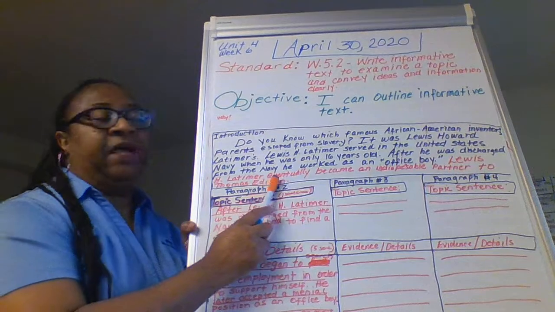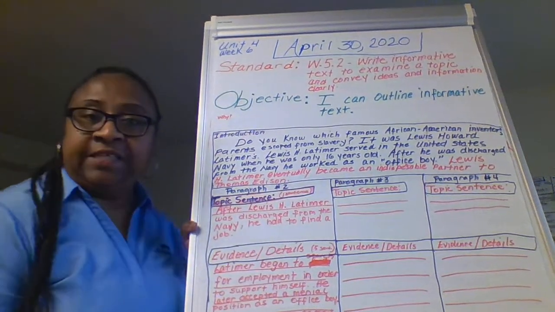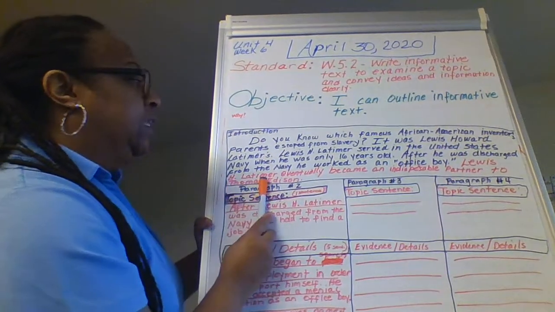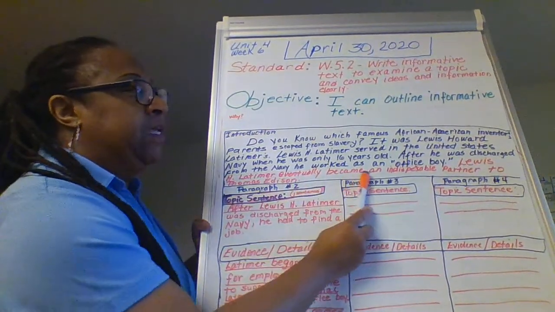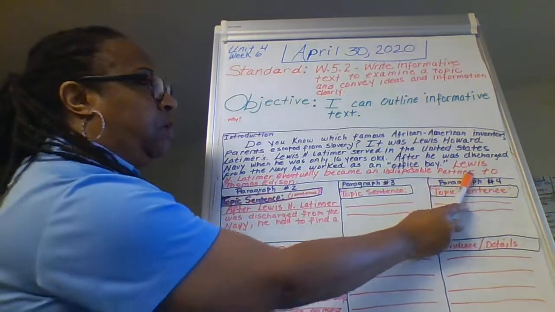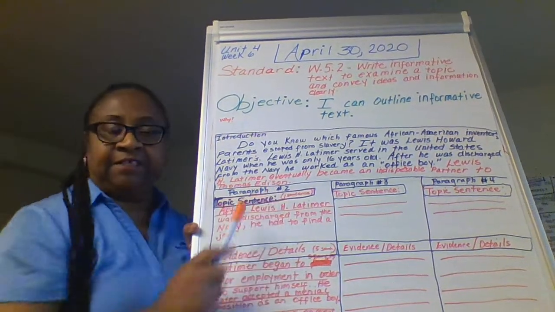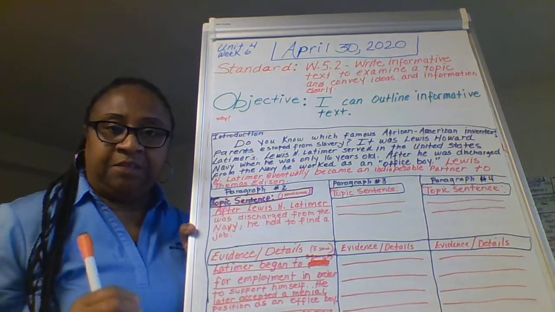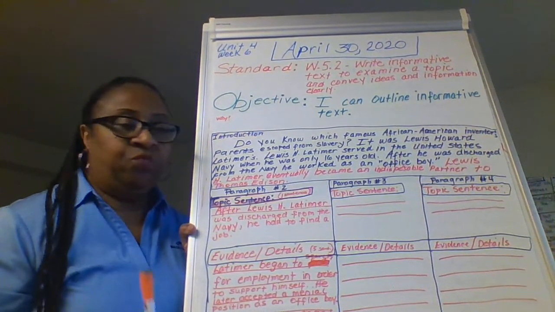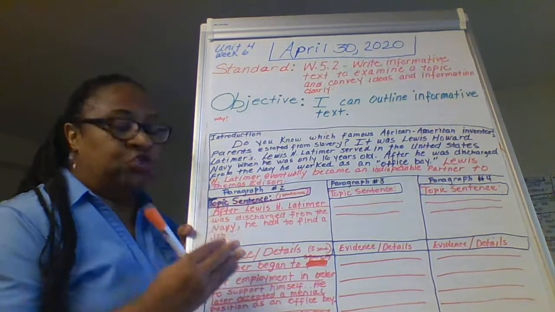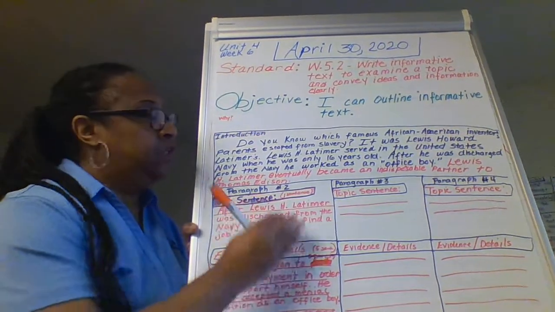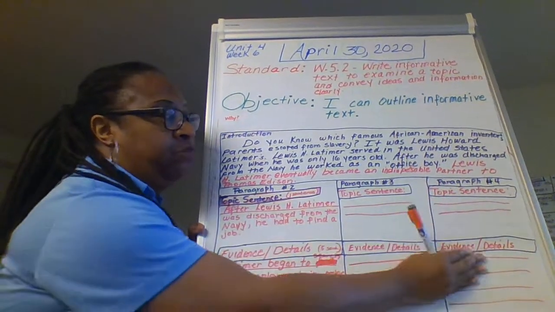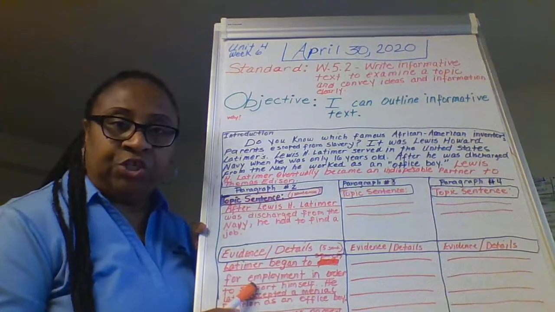So here is my thesis statement, and I'll read that statement for you again. It says, Lewis H. Latimer eventually became an indispensable partner to Thomas Edison. Now, because that is my claim, that is my thesis, that is what I will provide supporting evidence for. So basically, that's what these three paragraphs are going to do.